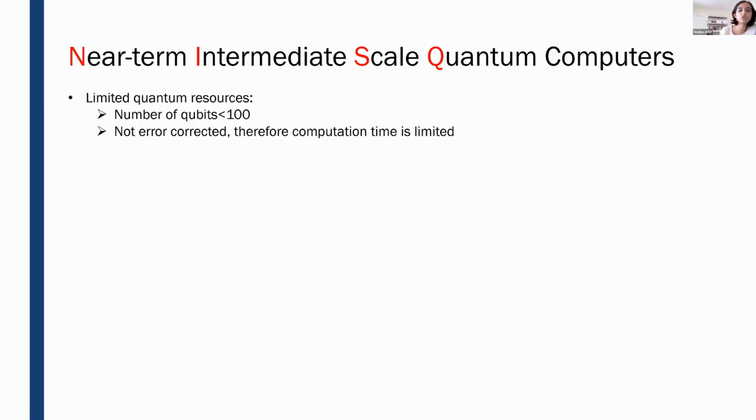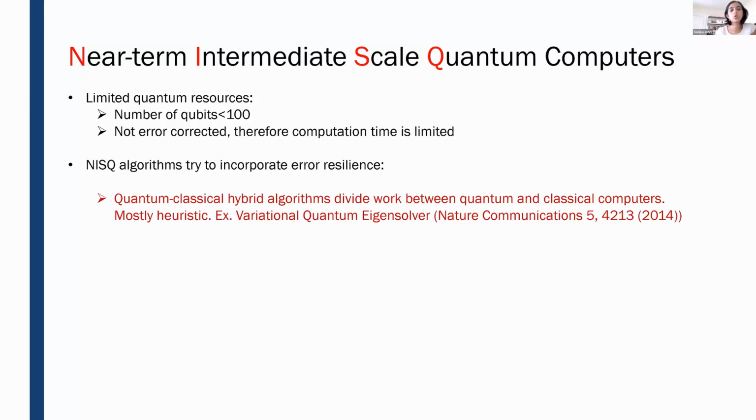These systems generally favor short depth quantum algorithms. If you want to design an algorithm that has some hope of producing something useful from a NISQ computer, you want to incorporate some resilience to the noise in the qubits, and people have proposed different ways of doing that.